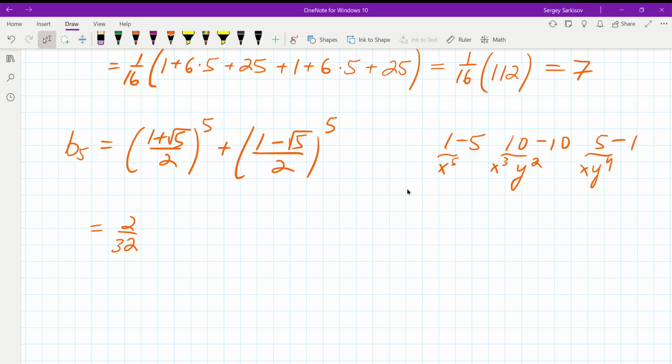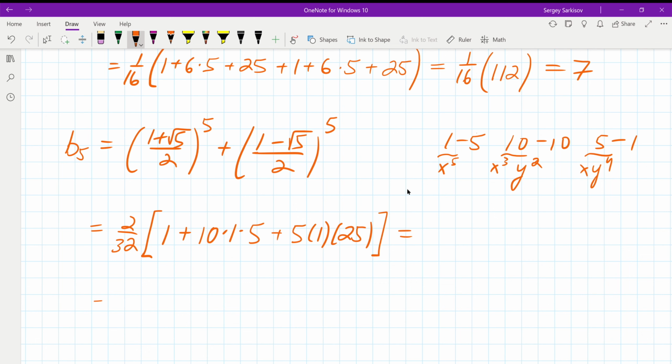I'm going fast here. And this is going to be, just doing x to the fifth, that's a 1, plus 10x cubed, so 10 times 1 times y squared is 5. I already doubled everything, and then plus a 5 times x times y to the fourth is 25, right? Root 5 to the fourth is 25.